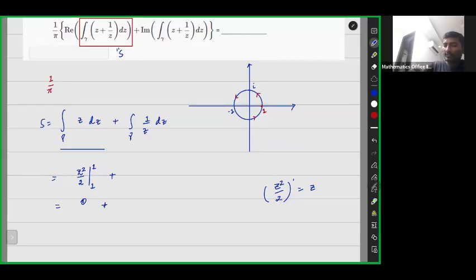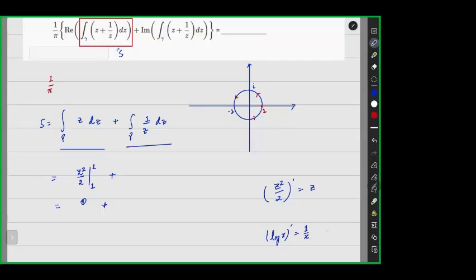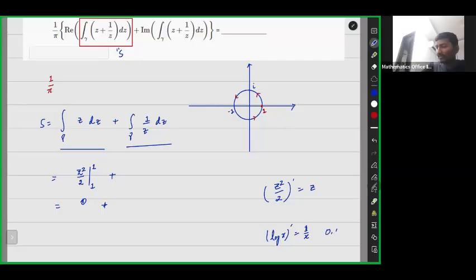Plus, now we want to calculate this, and this is not holomorphic. If it were the real numbers case, with positive real numbers as our domain, then the antiderivative of 1 by x would have been log of x, in the domain 0 to infinity.